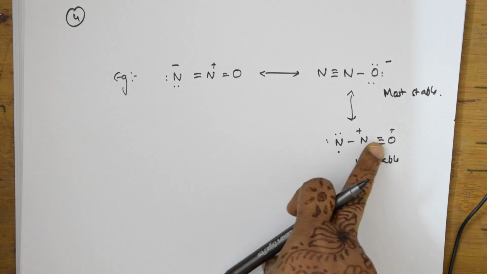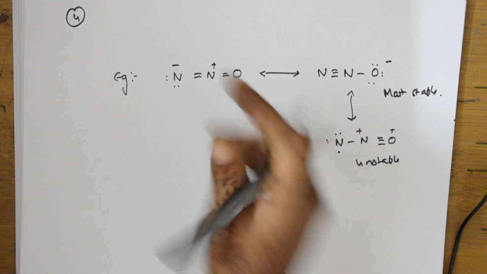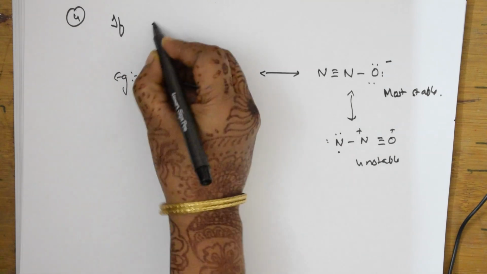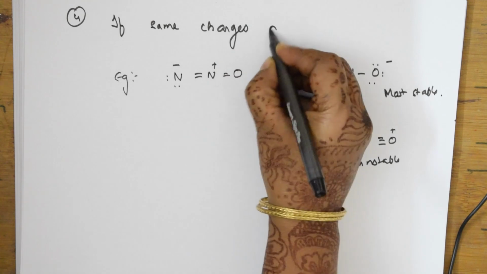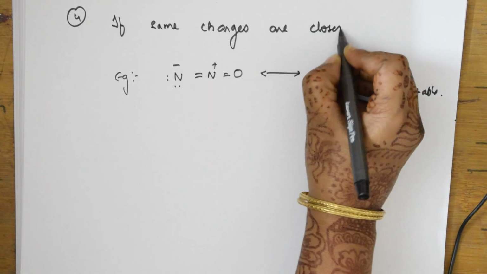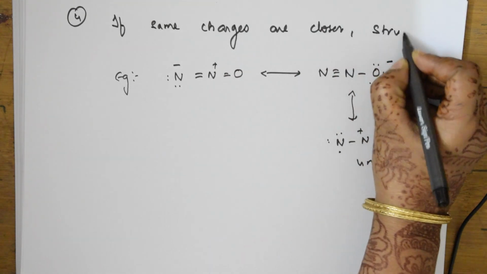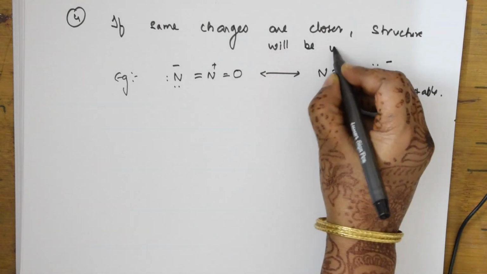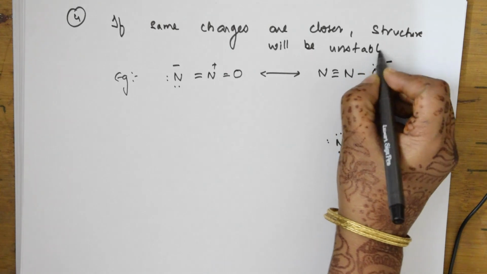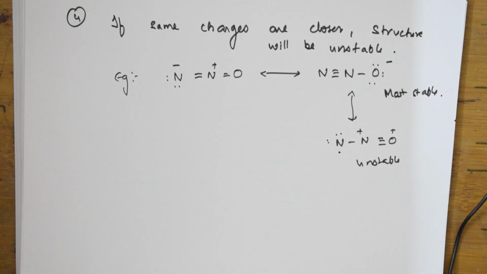If the charges are close by, they are unstable. So if same charges are closer, structure will be unstable. So remember all these things, right?